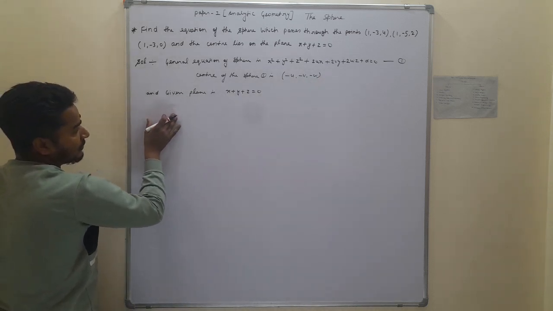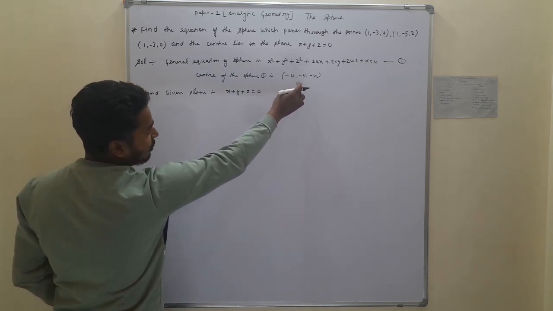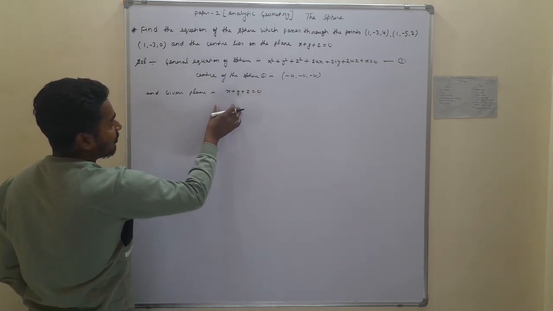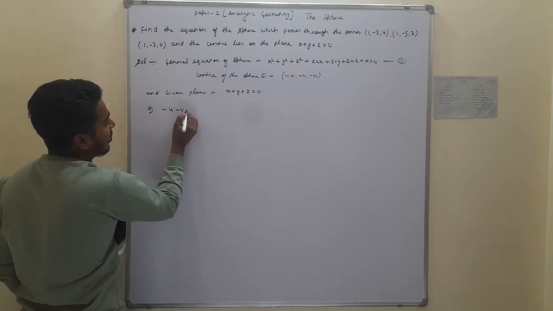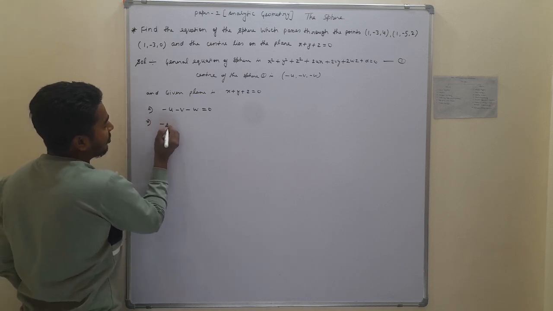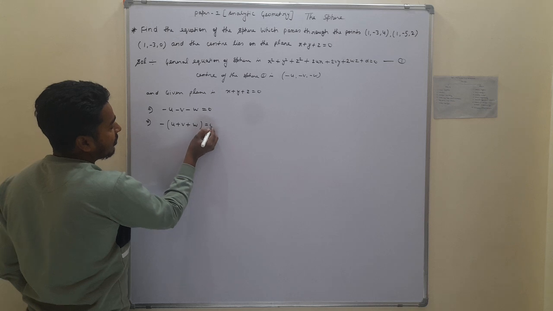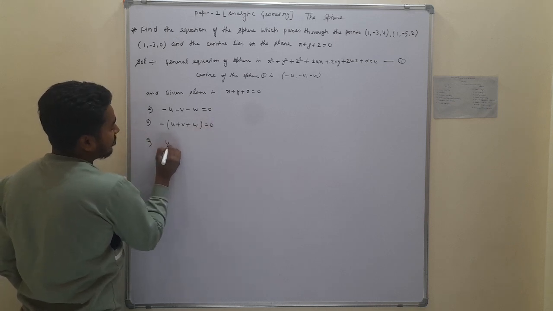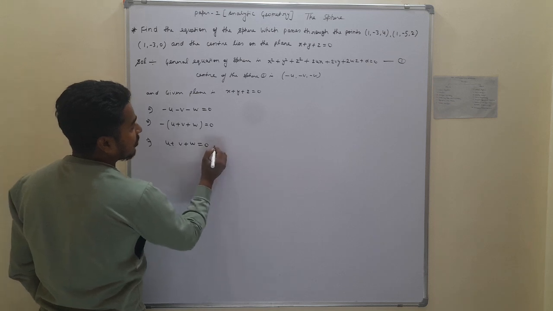Putting -u, -v, -w in the plane, we get -u - v - w = 0. Taking the minus common, we get u + v + w = 0. This is equation 2.